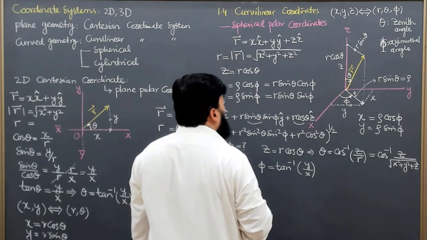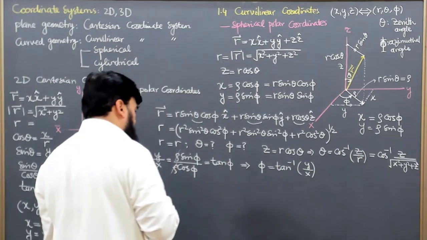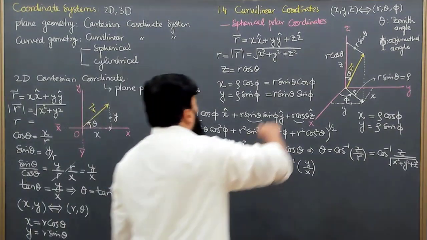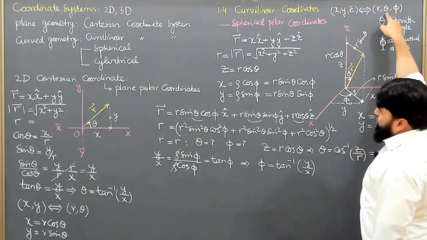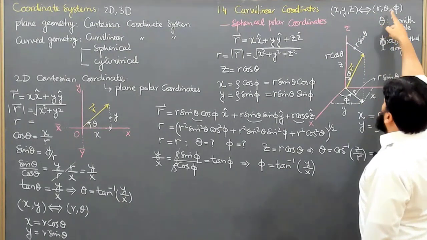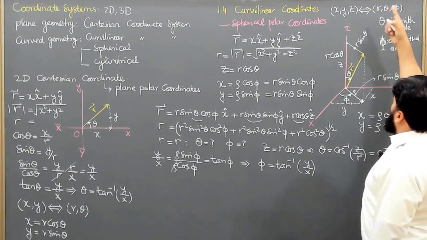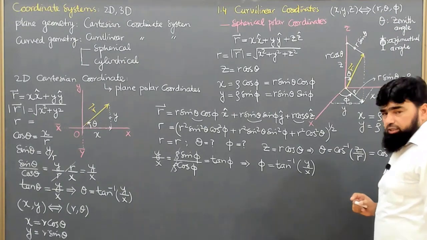It means we have successfully converted the Cartesian coordinate system into the polar coordinate system, and then the polar into the Cartesian.